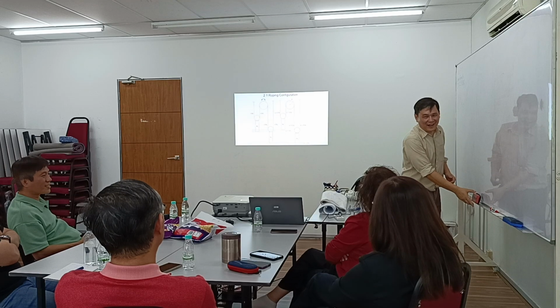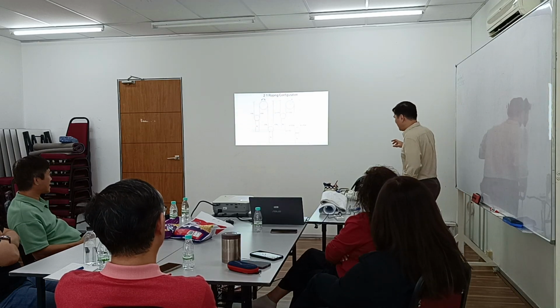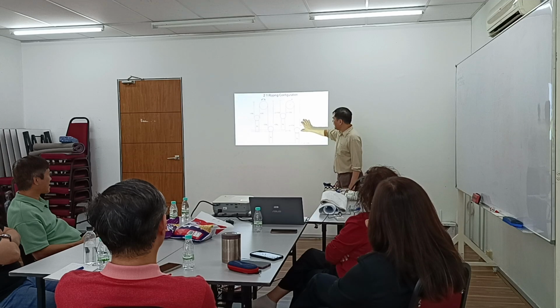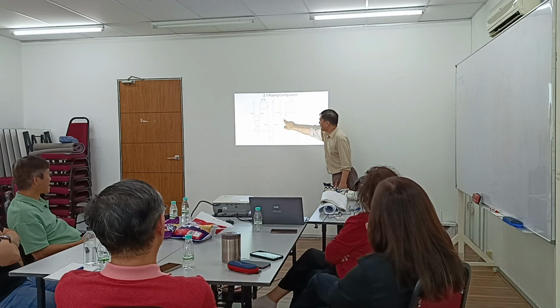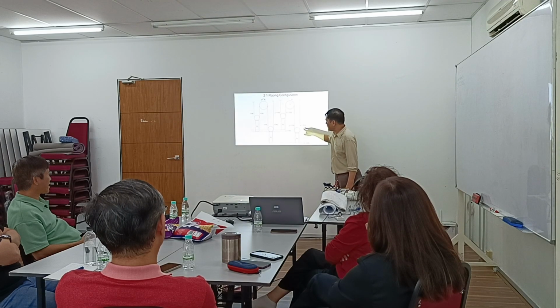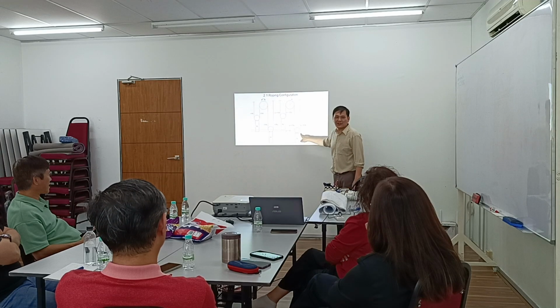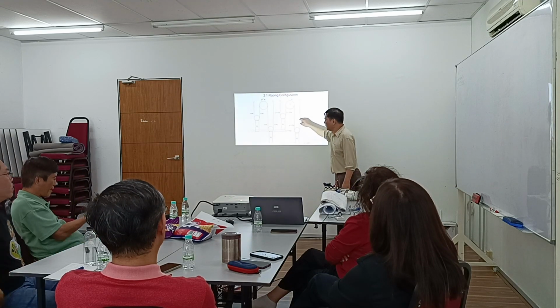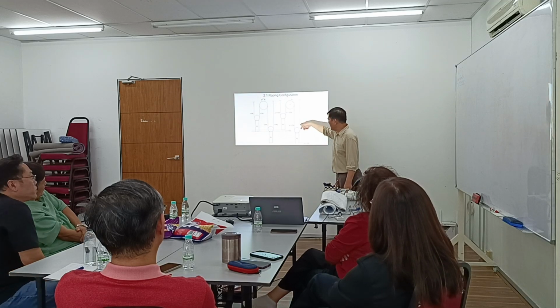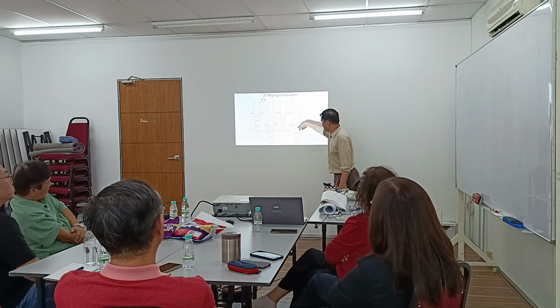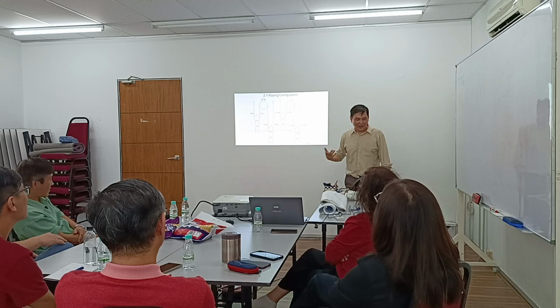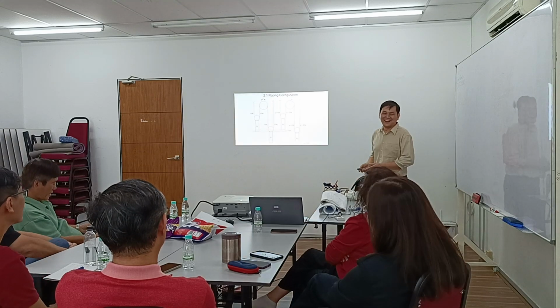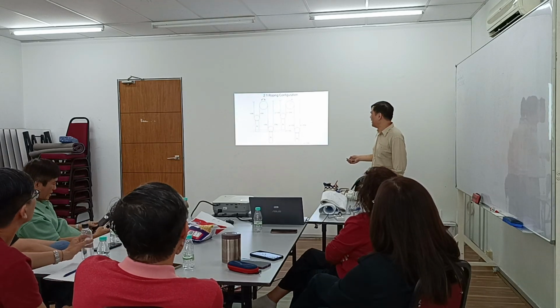So this one will move twice the distance of this one. Maybe when this one moves out, this one has already hit the buffer, so cannot. So it must be 2-to-1.